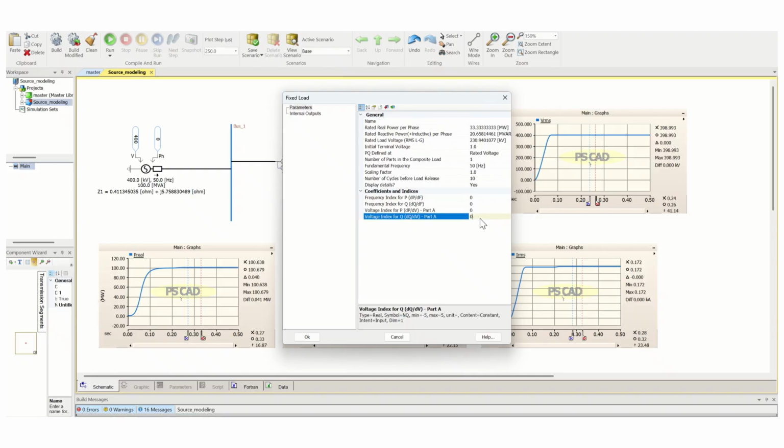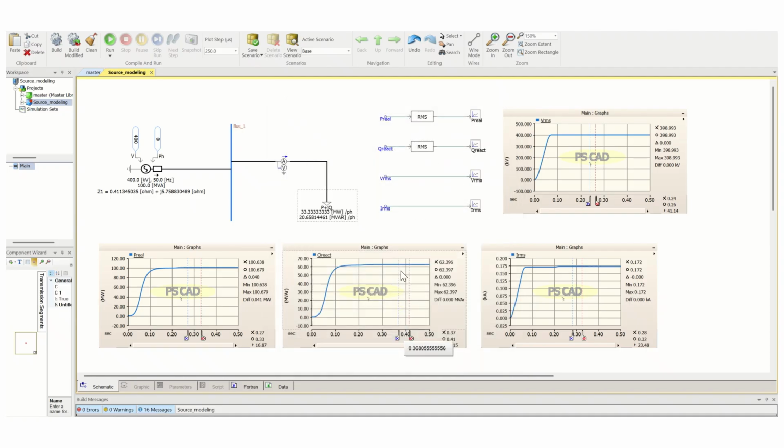That means this load is modeled as a constant power load. So irrespective of the voltage or current values, this load is constant power. That means there will not be changes in this real power, specifically. So 100 megawatt, it will be very close to 100 megawatt only.